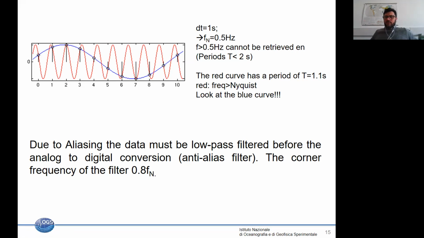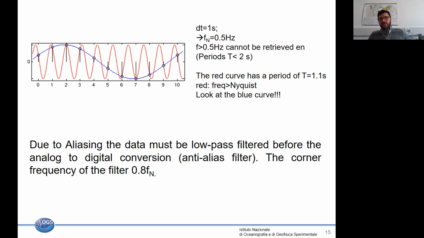To avoid this, seismic instruments use a filter, in different ways, in which the original signal is low-pass filtered before the digital conversion. If you decide to have a sampling rate of 100 samples per second, which is quite standard in seismology, you have to filter the signal before, and generally this is done at 0.8 of the Nyquist frequency.